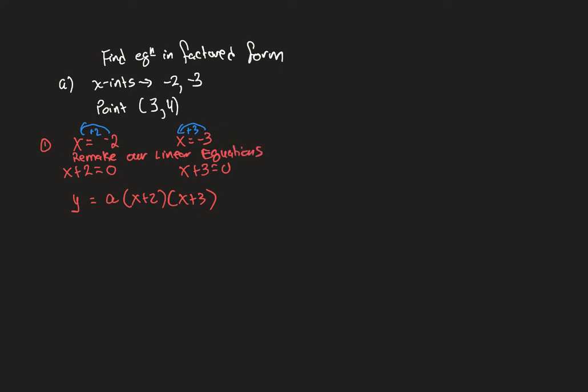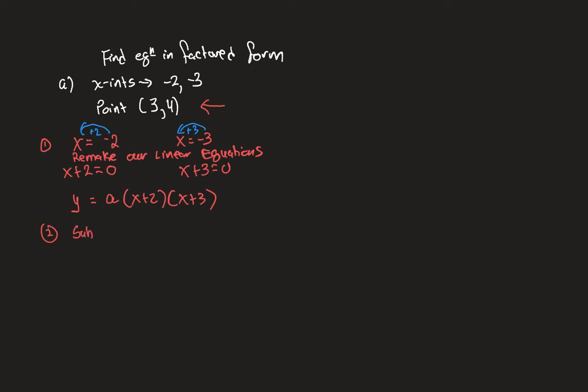All right. But that only gets me part of the way. It doesn't get me all the way. I still need to solve my a value. Conveniently, the problem also gave you a point. With this point, you're going to substitute it into the equation and solve for a.